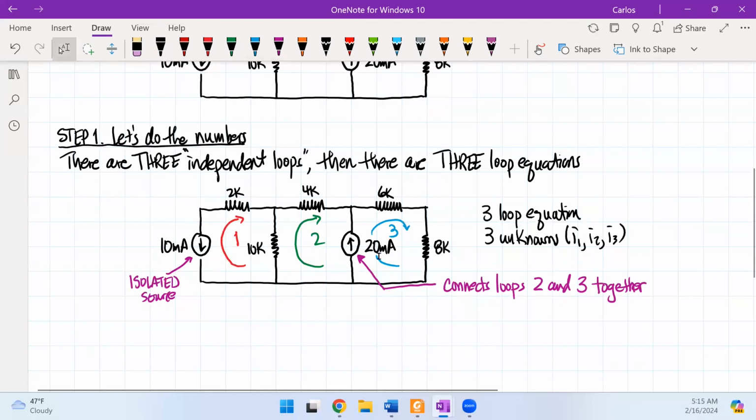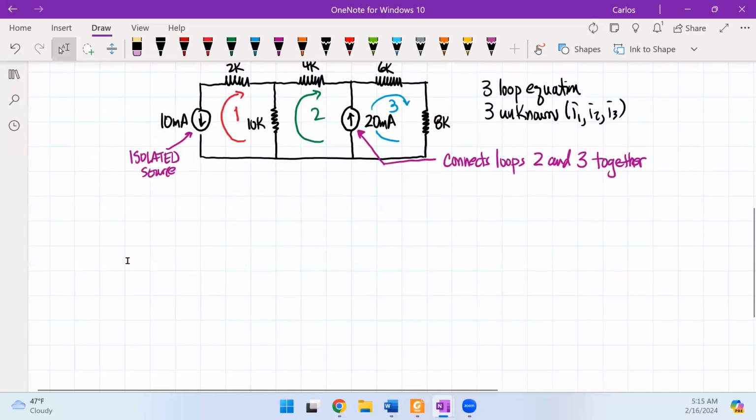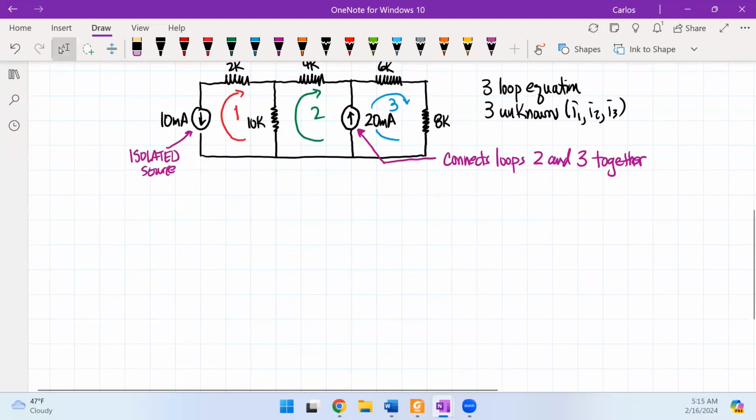As a consequence, these 2 current sources have to change the number of loops to solve for.